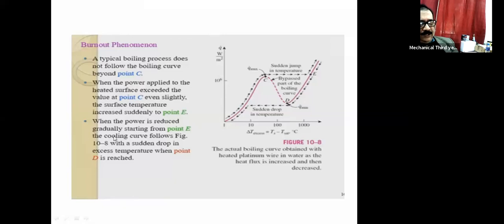When the power is reduced gradually, starting from E, the cooling curve follows this path. It drops up to this point and then ultimately comes like this. This particular phenomenon we call the burnout phenomenon.